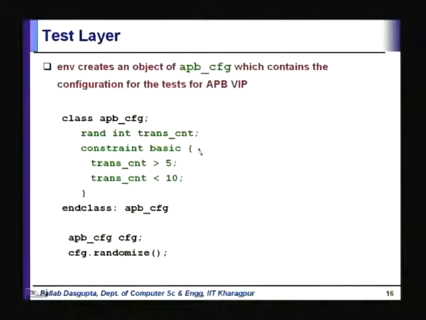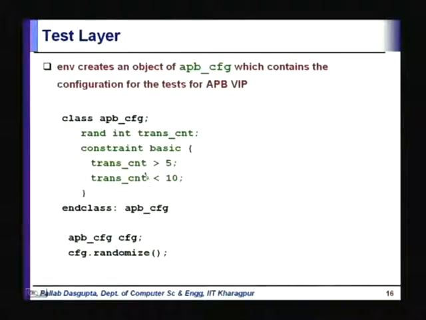So any randomization that you do, you can randomize it with some constraints, right. Here this constraint is applicable everywhere, in the sense that whenever you randomize it, it is going to satisfy this constraint. You can also explicitly call randomize, in the sense that rather than putting this constraint here, you can say cfg.randomize with trans count greater than 5 and trans count less than 10. Now that gives you the flexibility of using different constraints in different instances of randomization.